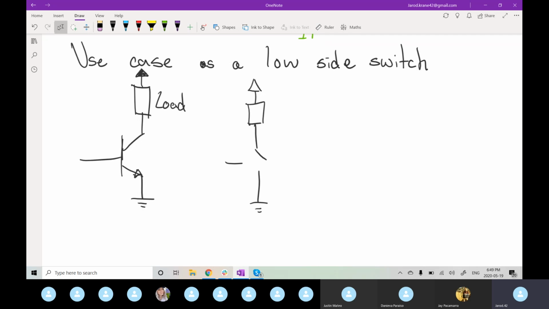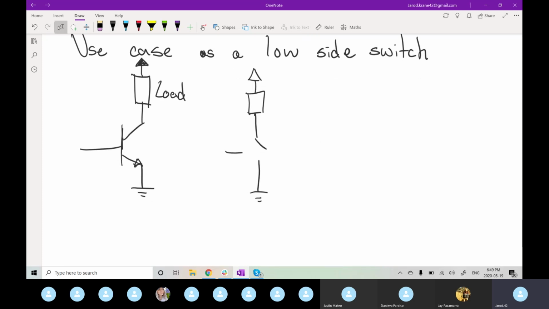Now, it's used as a low side switch as opposed to a high side switch because of what we mentioned before, where the voltage difference here has to be greater than your threshold.